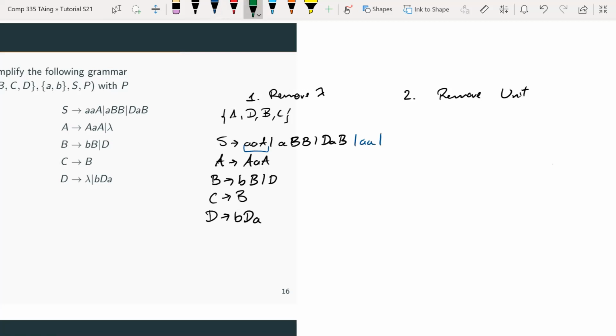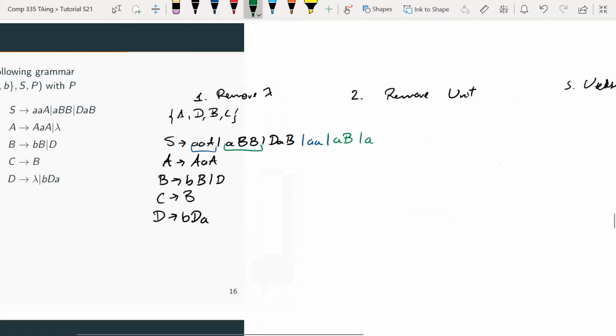Then for ABB, I can replace one B by lambda, or two B's by lambda. And then for DAB, I can replace the D by lambda, so AB, the B by lambda, so DA, or both the D and the B by lambda, so just A.